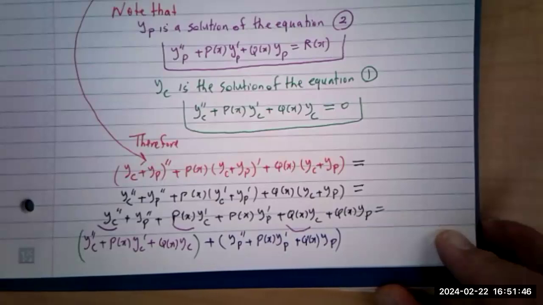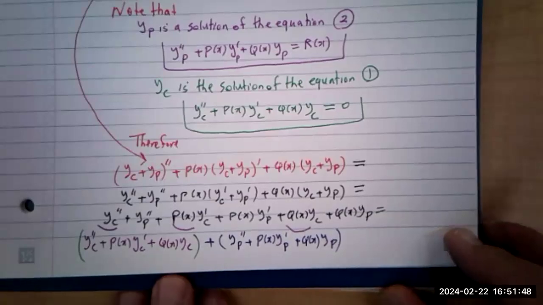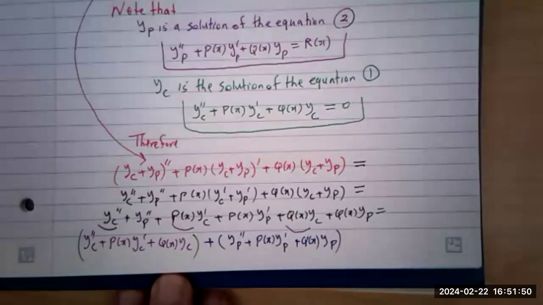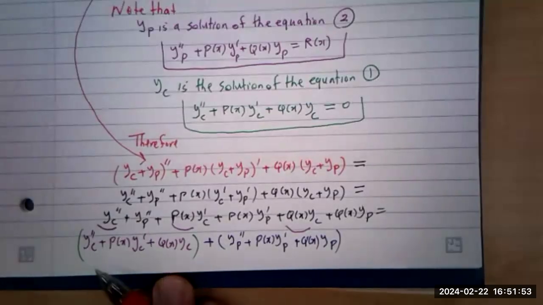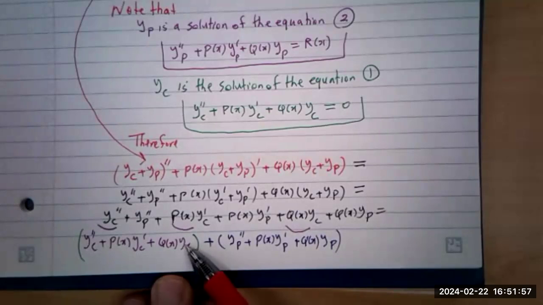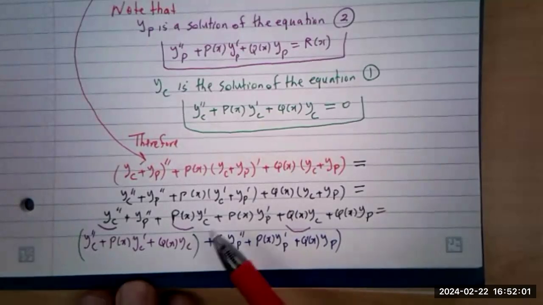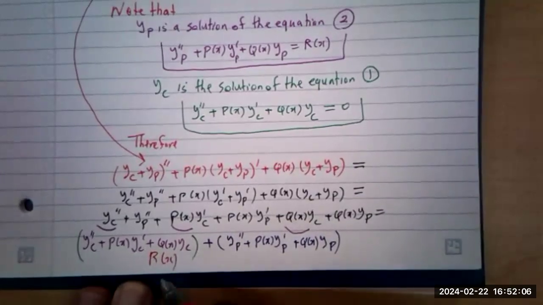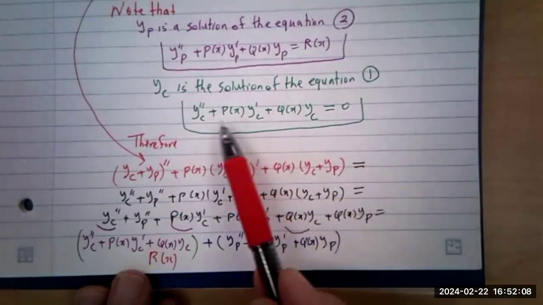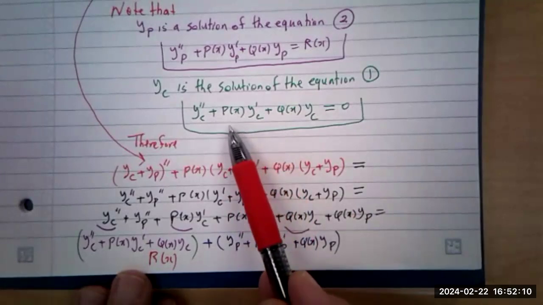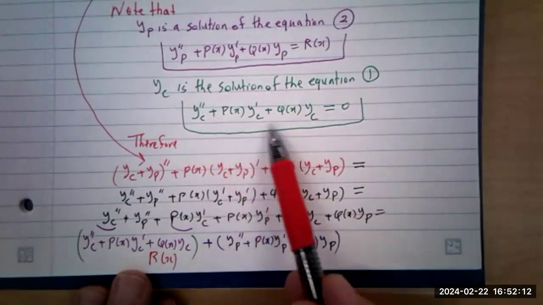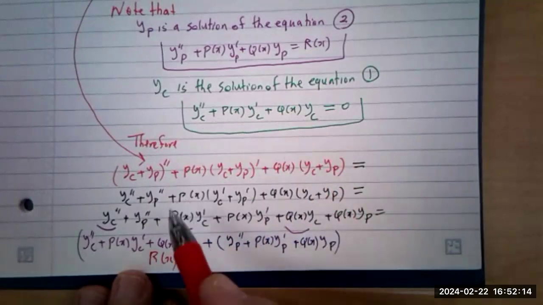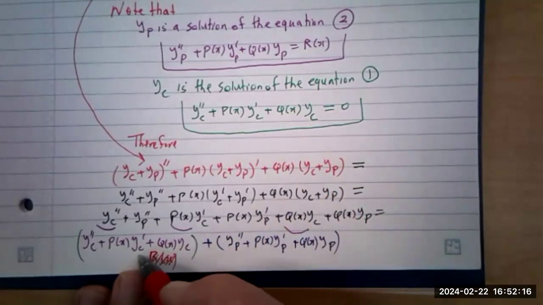Now, from equations number 1 and 2, what do you have for these two groups? What is the first one? But remember, yc was the solution of the homogeneous case, so this part would be 0, because it's homogeneous.